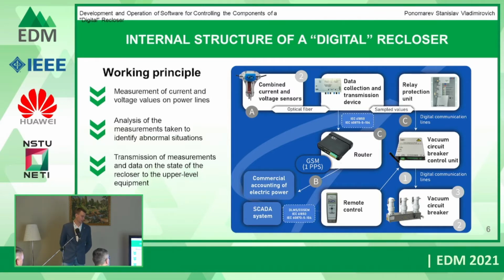So there is an analysis of the measurements taken to identify abnormal situations, to control the network, and to control the vacuum circuit breaker to turn off or turn on the system or power line of the network. And next is transmission of measurements and data on the state of the recloser to the upper-level equipment, to the SCADA systems or to the commercial metering systems.